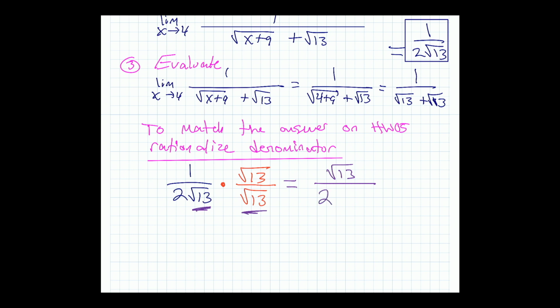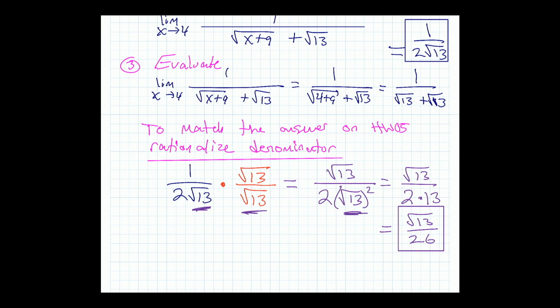I'll write it out this one time for you, but there you go, which is square root 13 over 2 times square root of 13 squared, which is 13. Overall, it's square root 13 over 26. And that is the answer that they actually have on the homework.